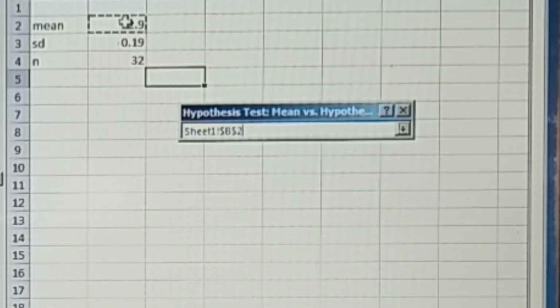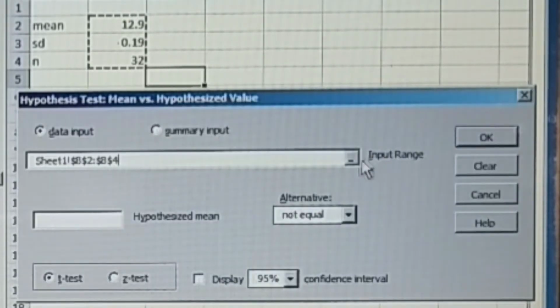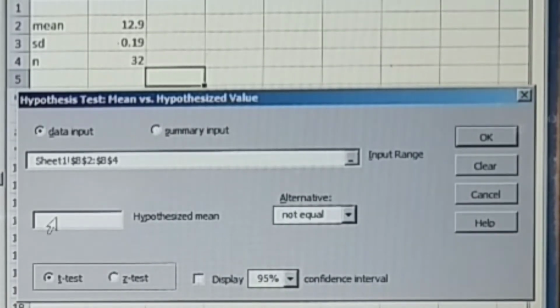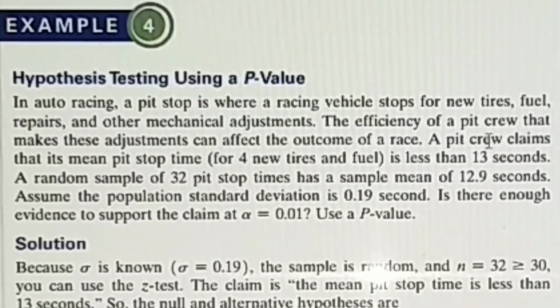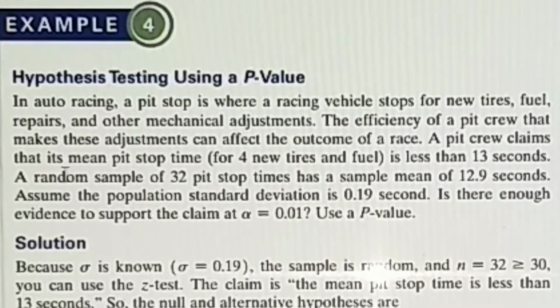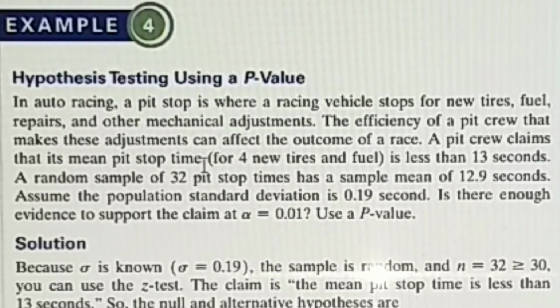We drag our observations here, and then for the hypothesized mean in our problem, a pit crew claims that its mean pit stop time for 4 new tires and fuel is less than 13 seconds.